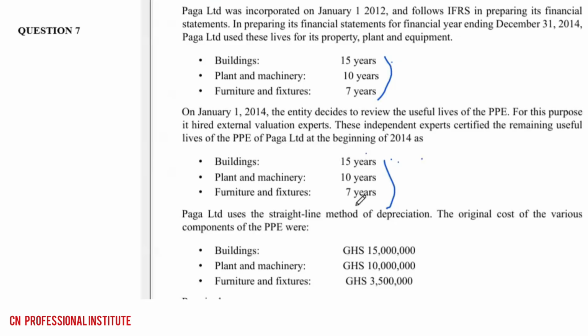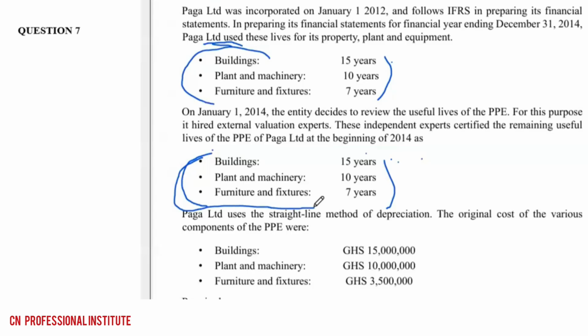The values up here are the original useful life of the PPE because we're told that Paga Limited used these lives. So these ones are the original lives of the assets. Then when you come down here, these ones are the revised or the remaining useful lives as at 1st January 2014. So these ones here are the revised remaining useful lives, right?